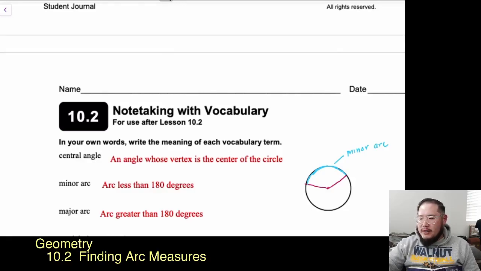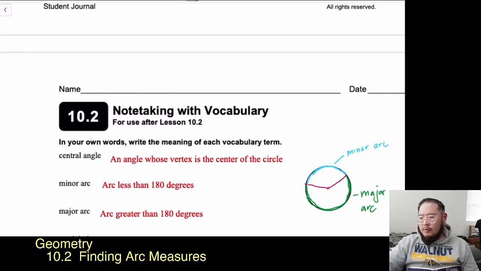So if that right there is my minor arc, then I want to highlight the bottom portion of this arc right here, and that would be my major arc, because the major arc is going to be greater than 180 degrees.